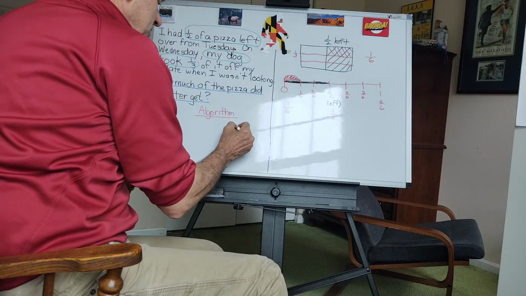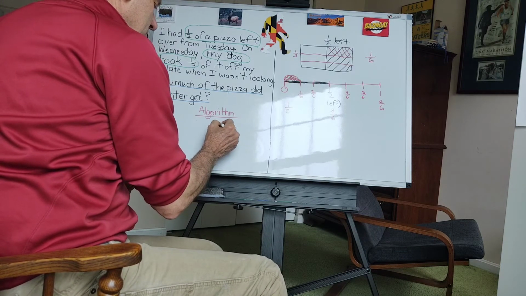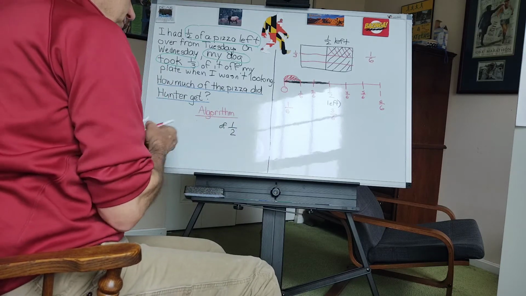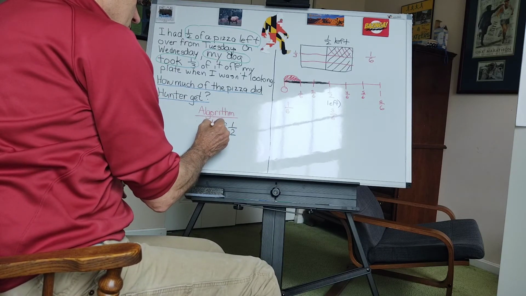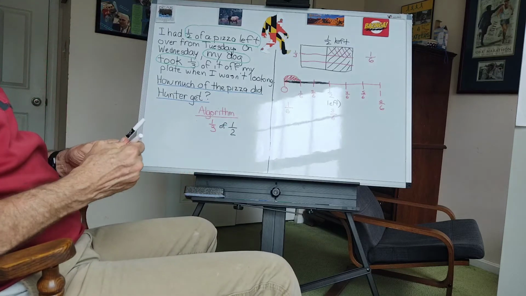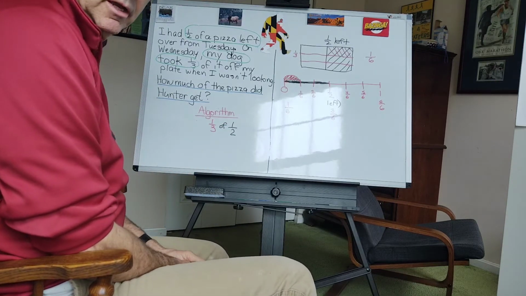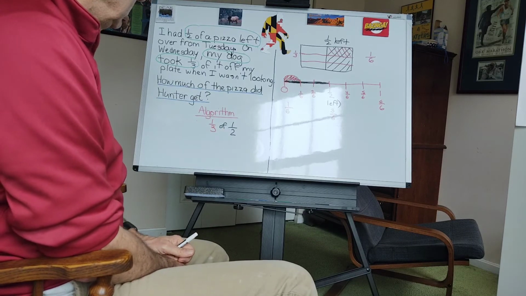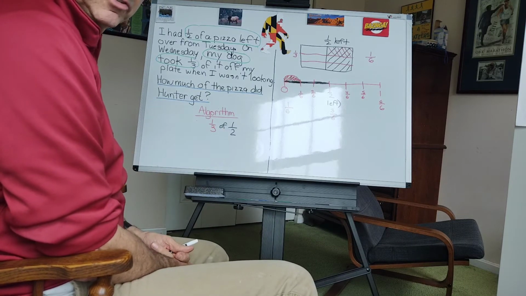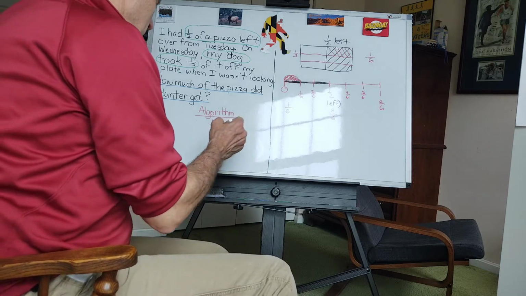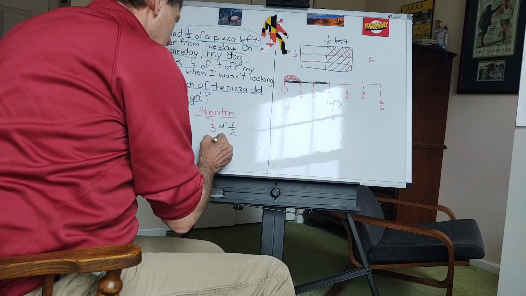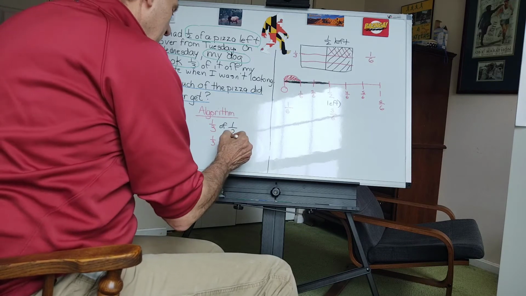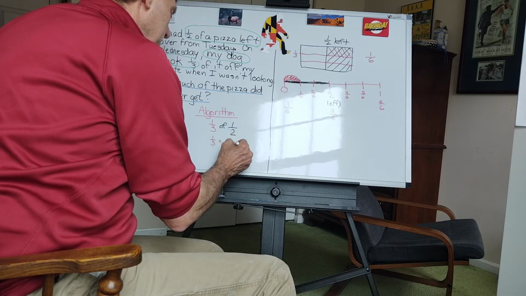I had half a pizza, and my dog ate 1/3 of it. Now, if you remember from the other day, we said in these types of problems in math, this is actually a multiplication problem. So I've got 1/3 times 1/2.